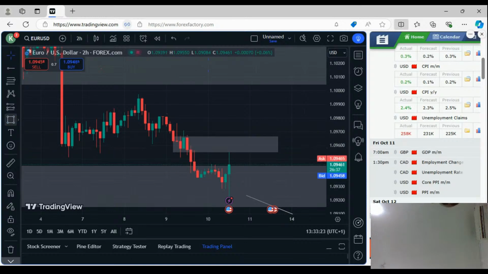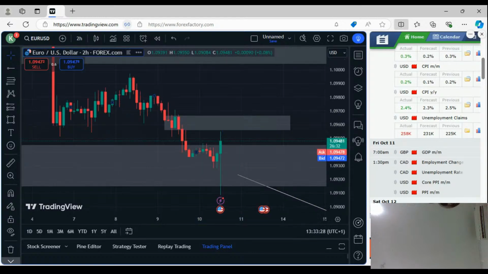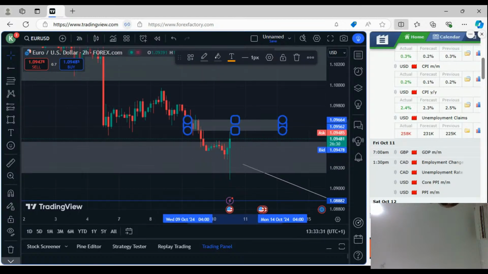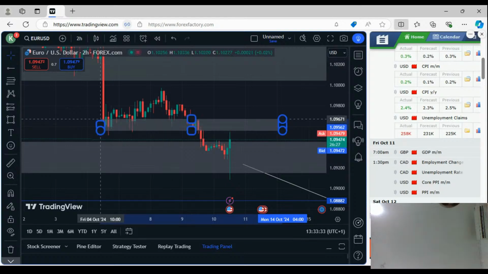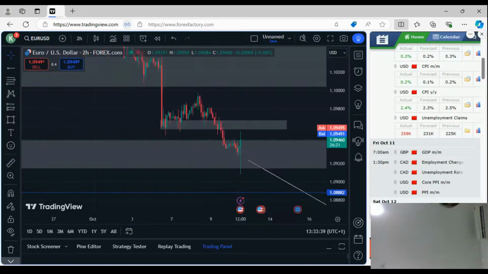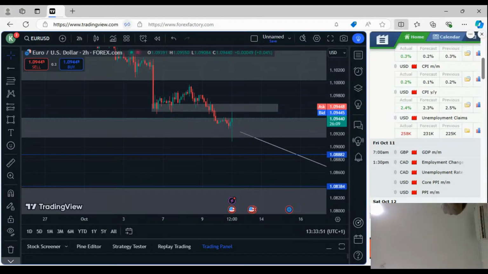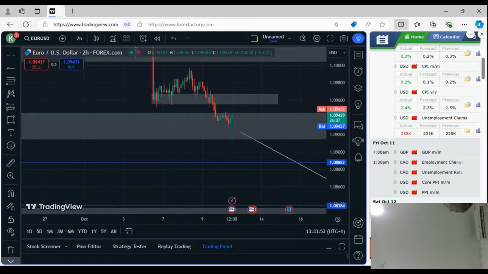I want to see the market sell from here, which is already holding reactions. Still maintain your buy limits. If it doesn't activate today, it will definitely activate tomorrow.